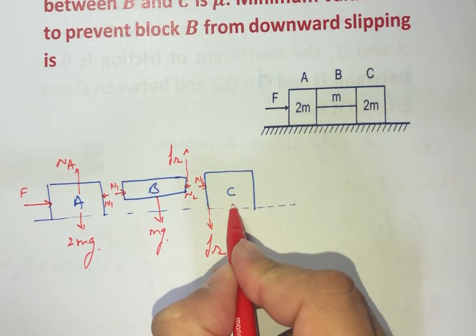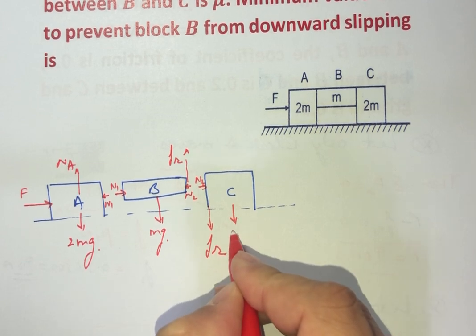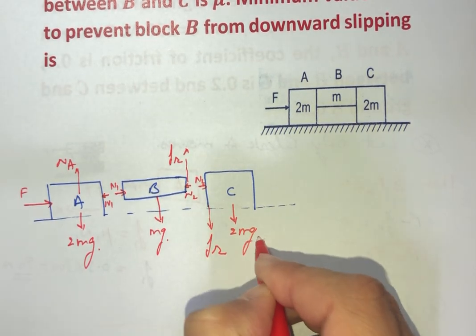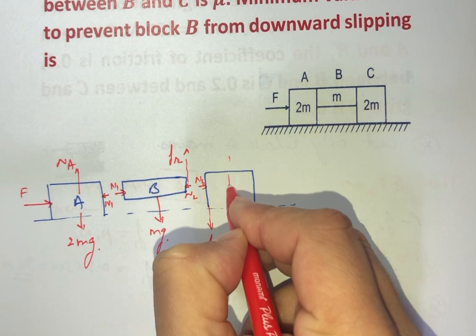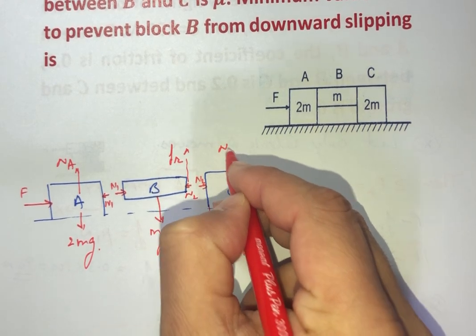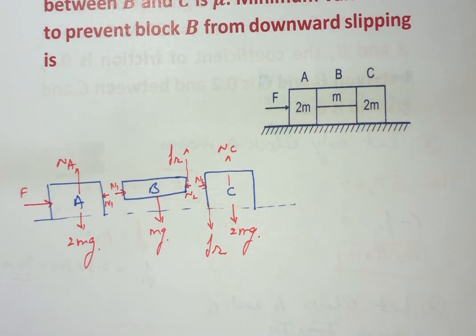And we are going to have 2mg on C, and a normal, let us call it Nc, on block C.